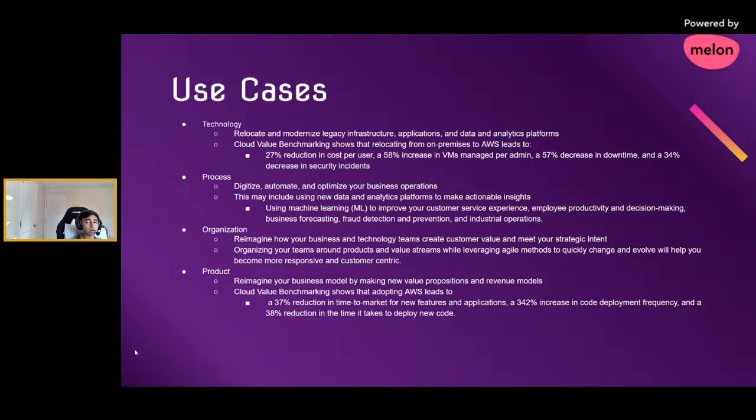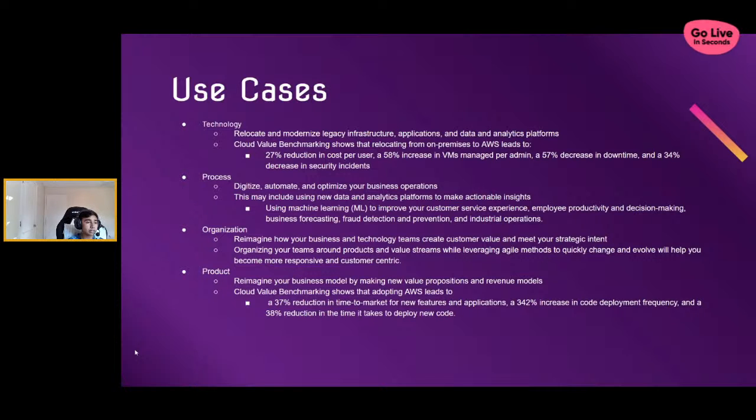Organizing your teams around products and value streams while leveraging agile methods to quickly change and evolve is going to help you become more responsive and customer centric, which, as we have covered throughout many live streams in the past, is very important when running a startup and a business. For the product, CAF is going to assist you in reimagining your business model by making new value propositions and revenue models.